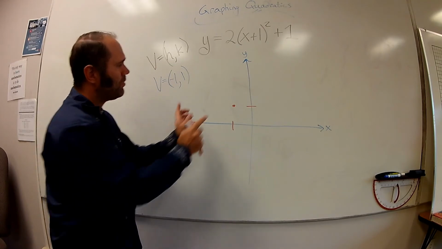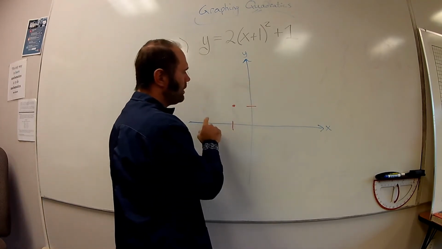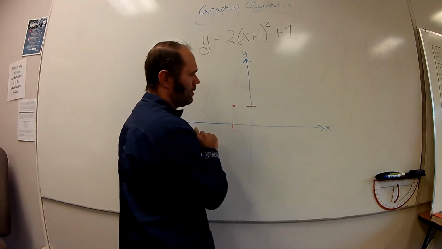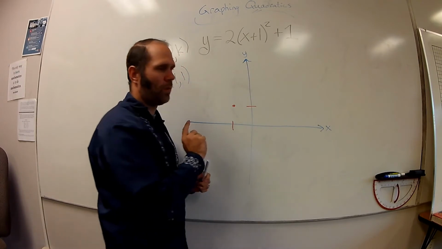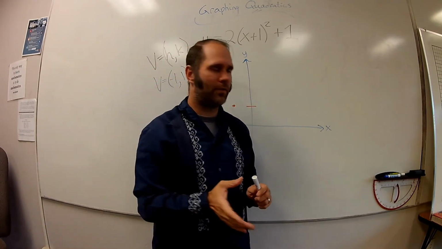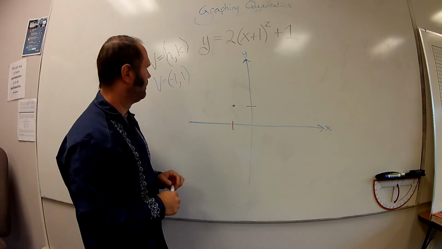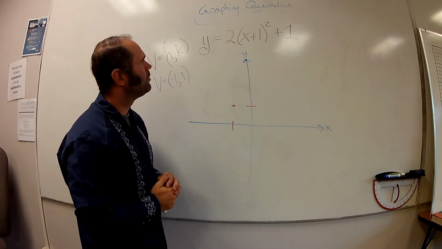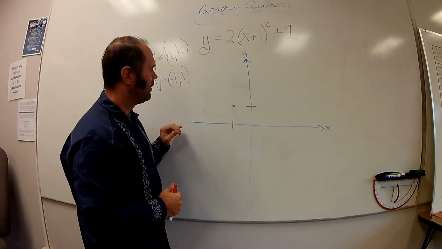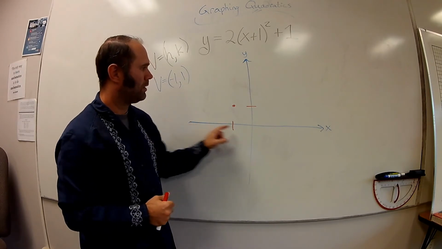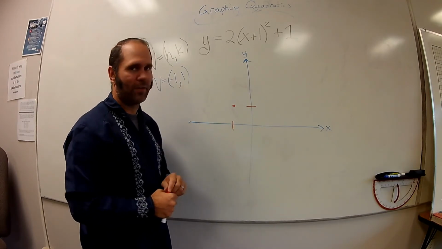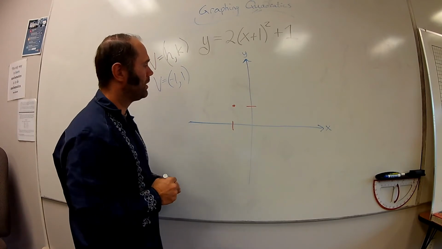So, since it's going up, we know that the x values, the values for when y is 0, are imaginary. So we don't even need to try to figure out what the points are on the x-axis, because they don't exist.